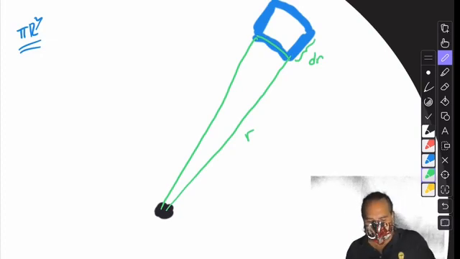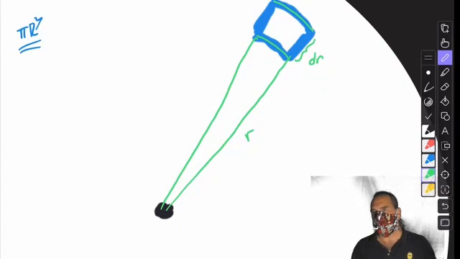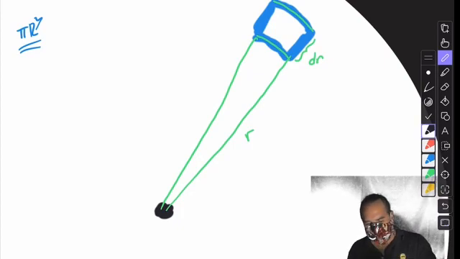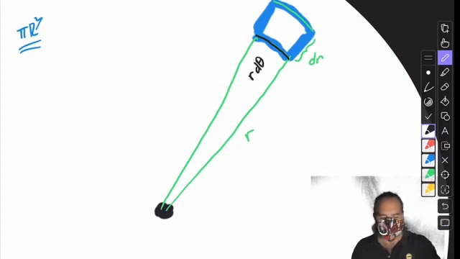Now, this length and this length aren't exactly the same, except in my head, I know that dr is really, really small. But if I want to find each of those lengths, this arc length right here is going to be r d theta, where this is d theta, because an arc length is your radial part times how much angle you sweep out.